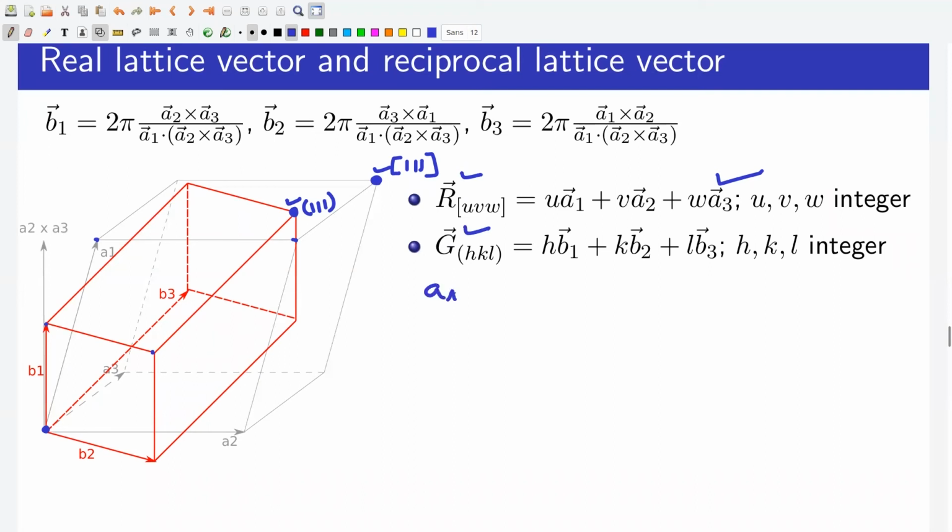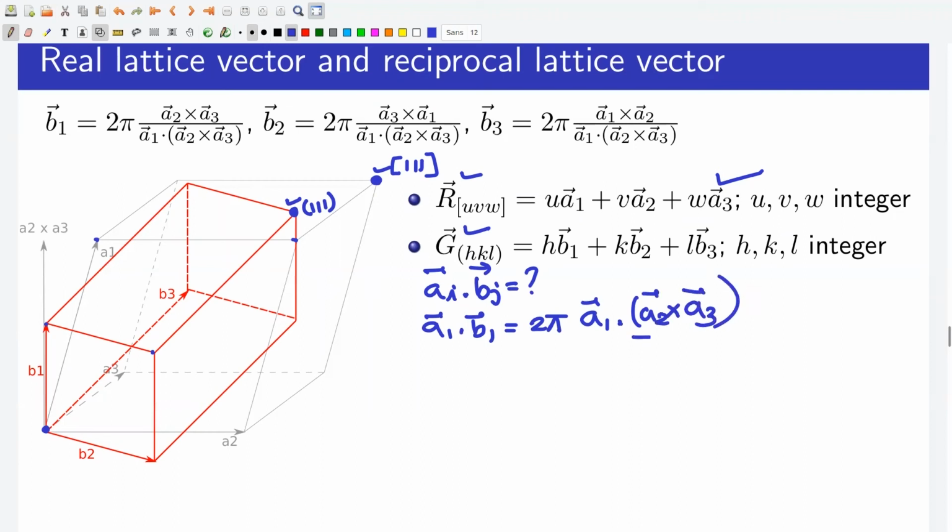We have to know how Ai dot Bj looks like. So let us take some examples. Let us try to calculate A1 dot B1. A1 dot B1 is 2 pi times A1 dotted with B1, which is A2 cross A3, divided by A1 dot A2 cross A3.